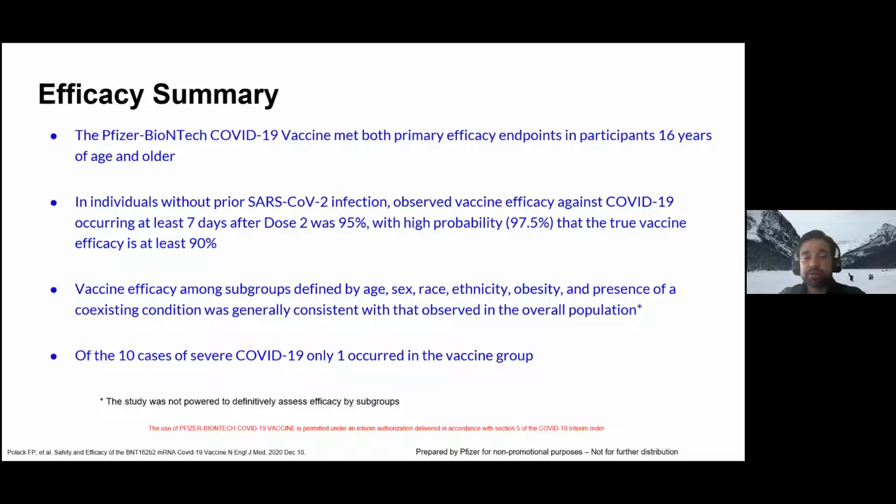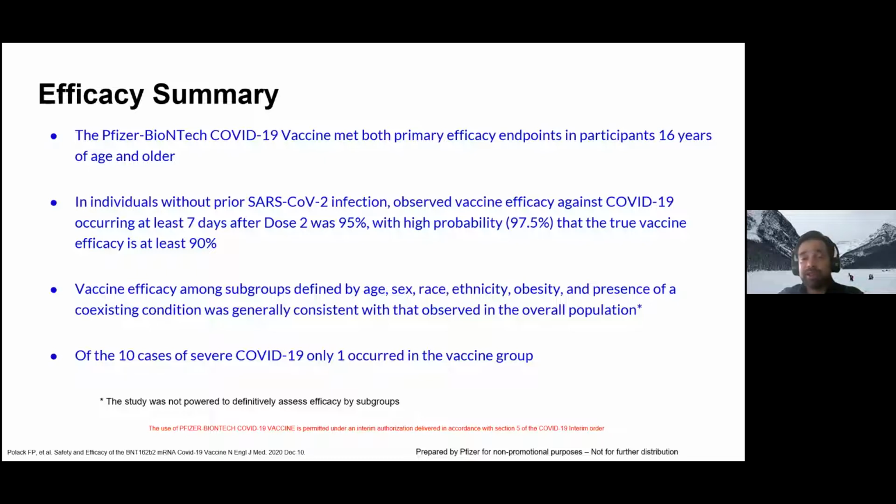And I didn't show the data here, but we also looked into the vaccine efficacy among different subgroups defined by age, sex, race, ethnicity, obesity, presence of different coexisting comorbidity conditions like malignancy or respiratory conditions or cardiovascular conditions. And we found that the efficacy observed was very consistent with what we have observed with the overall population.